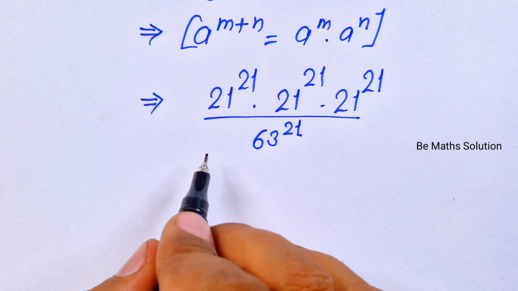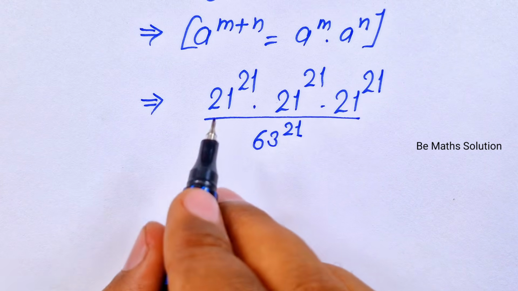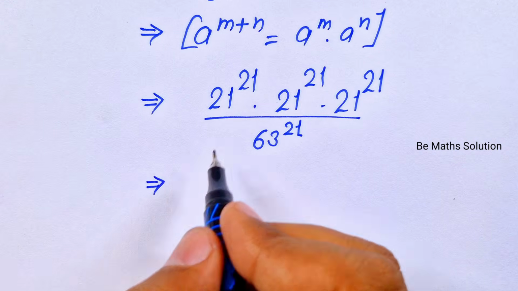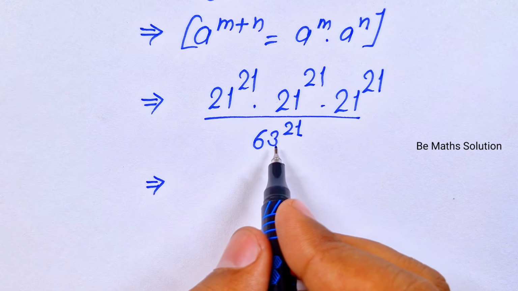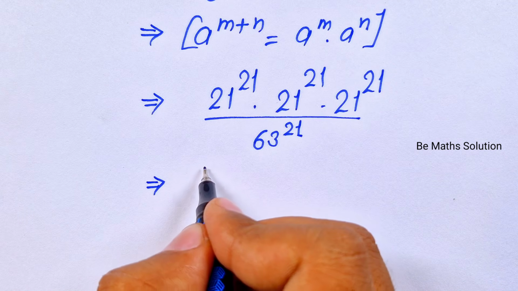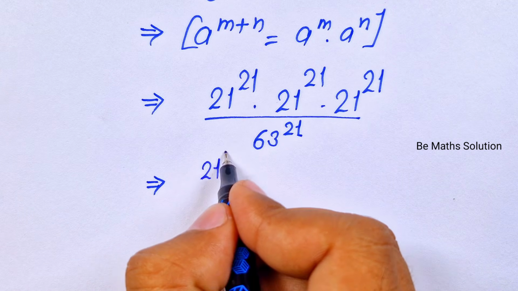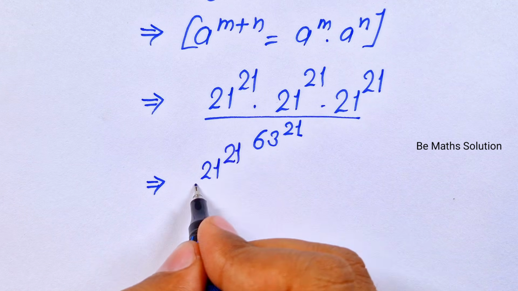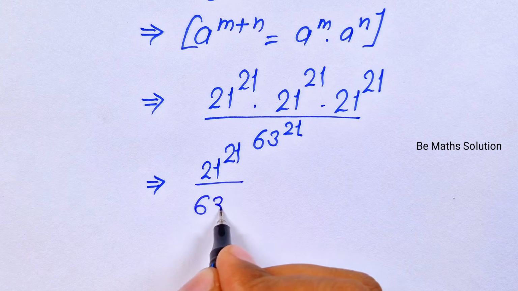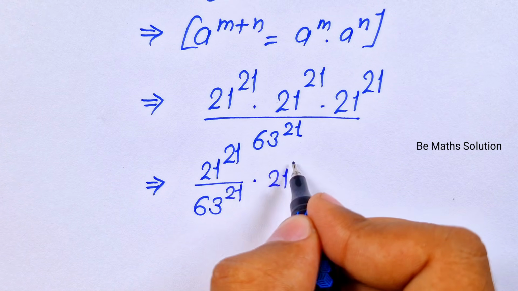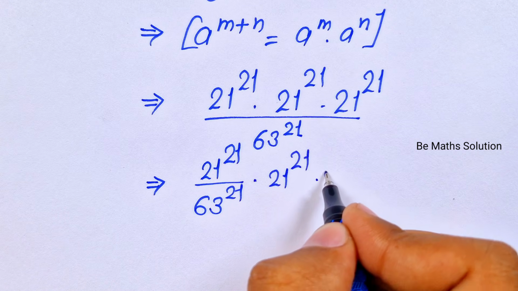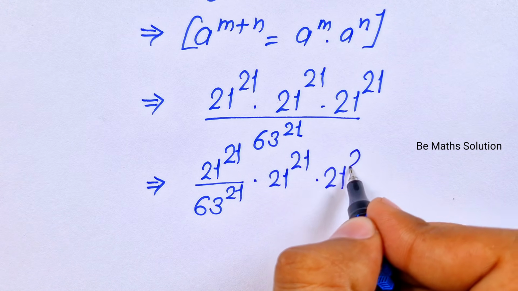Then in the next step, we divide this exponent by this exponent, so it will be 21 to the power 21 over 63 to the power 21 into 21 to the power 21 into 21 to the power 21.